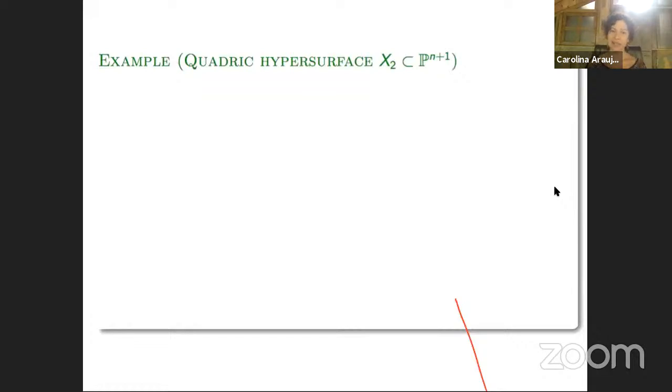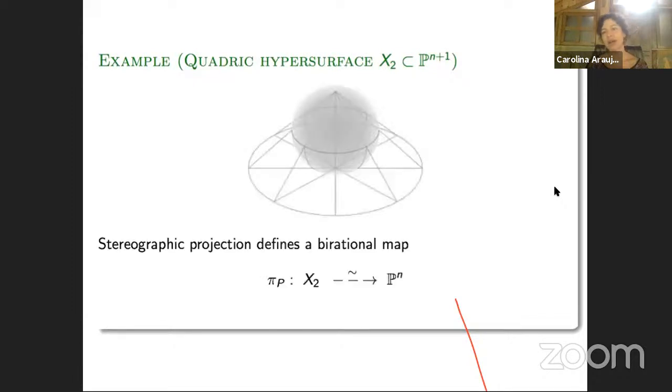In this case, because the polynomial has degree 2, if you take any line in the projective space, it will intersect the hypersurface in precisely 2 points, possibly counted with multiplicity. And this allows us to easily construct a birational equivalence between the quadric and P^n. This is what we usually call the stereographic projection.